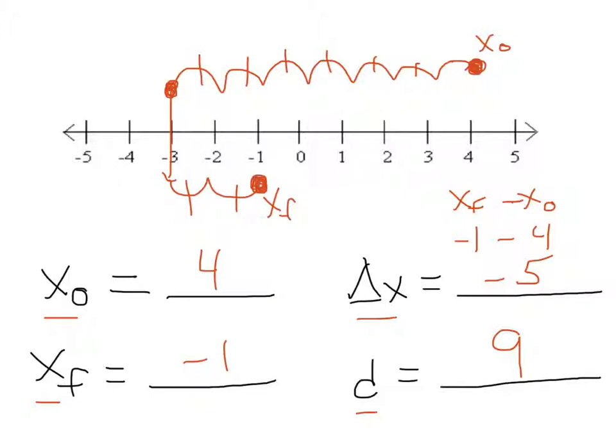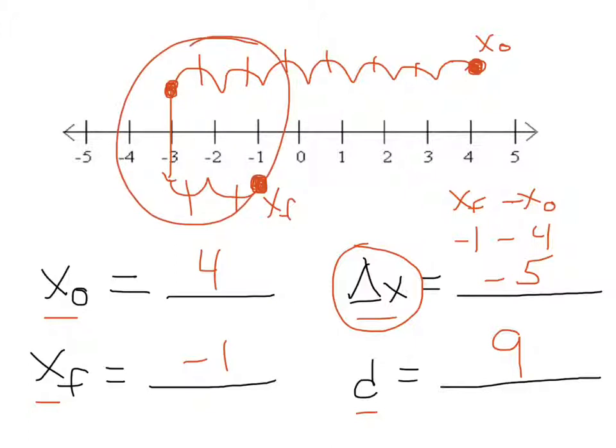Now, notice what happened. When we calculated delta x and we said we didn't care about the middle, these 4 steps right here sort of disappeared. Those 4 steps seemed irrelevant. What you'll notice is these are 2 steps in the negative direction, and these are 2 steps in the positive direction, and they balanced each other out to not matter in our displacement calculation.